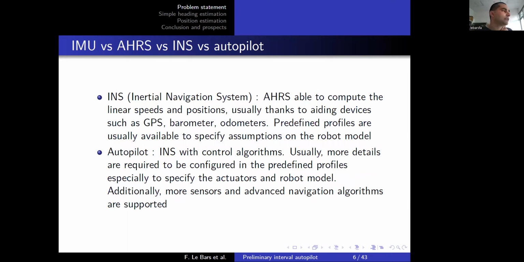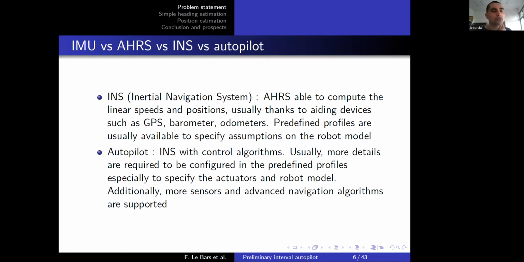The inertial navigation system is an AHRS with the addition of algorithms and support of aiding devices such as the GPS to be able to give an estimation of the position and also linear speeds. Depending on the type, it might not need a GPS at all times, but this depends quite a lot on the cost of the device.